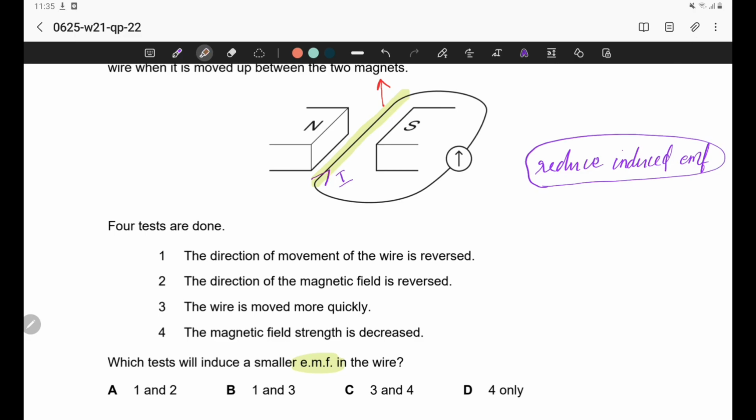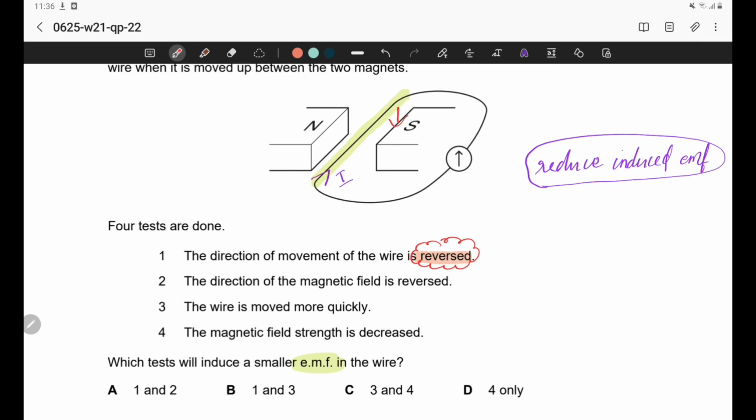So let's look at each option. In the first case, it's mentioned that the direction of movement of the wire is reversed. That means instead of moving upward, if we move the wire downwards, will the induced EMF reduce? No. When we reverse the direction of motion, only the induced EMF direction will reverse.